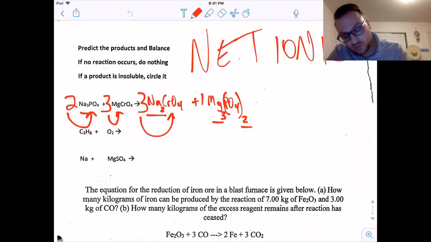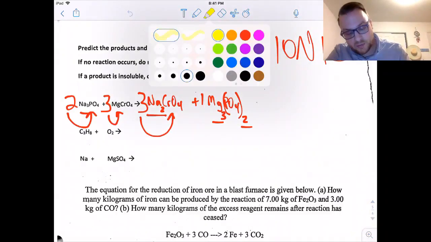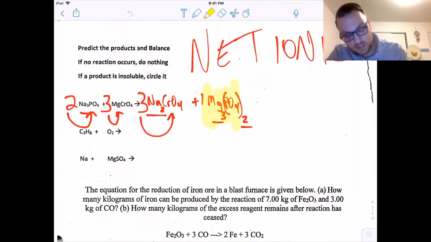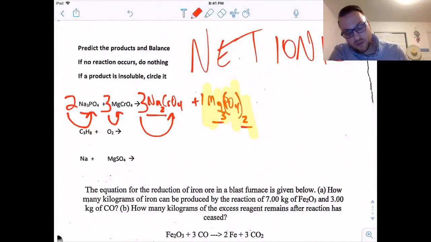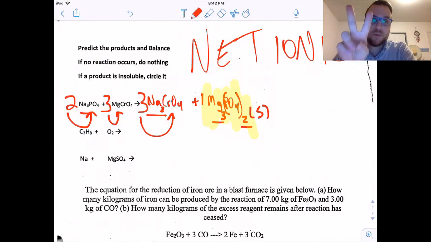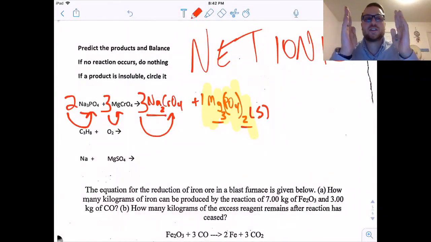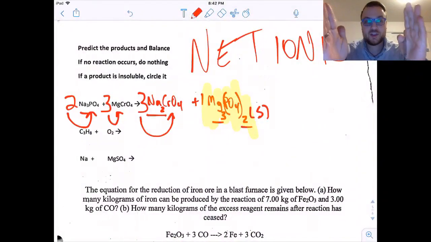So, who's insoluble? Mg is insoluble. So I'm just going to highlight it. Insoluble. So, step 15. Who knows what step we're on? You're probably going to have a question on net ionic equations. Your net ionic equation is taking the 2 ions in your solid, aka insoluble product, and showing just the balanced mini reaction that's occurring.